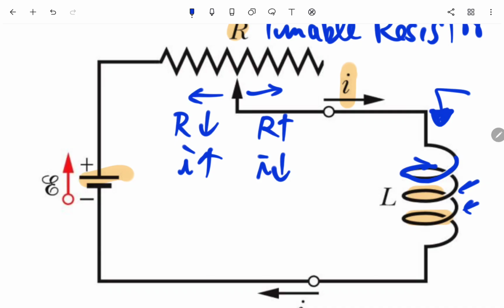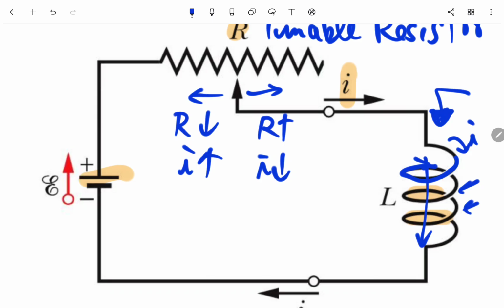According to the right hand rule, your forefinger is in this direction, and then your thumb is pointing downwards. Here we just assume that at this moment the I is in this direction, so it's trying to generate some current, some B field pointing downward.